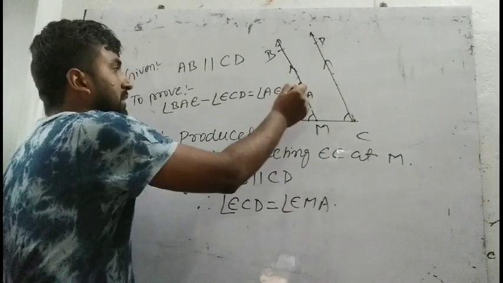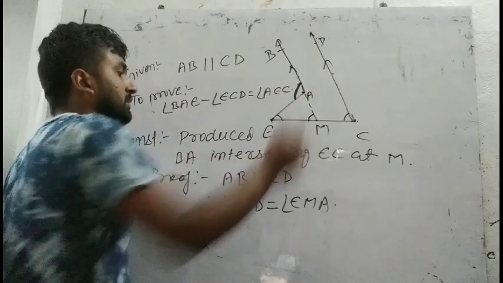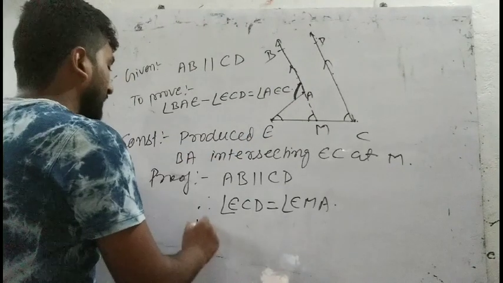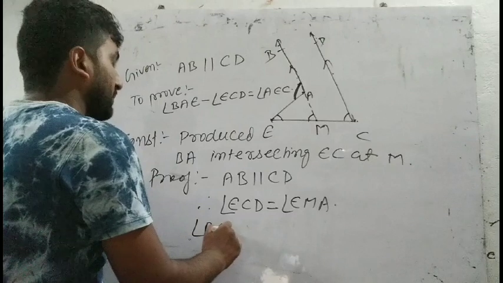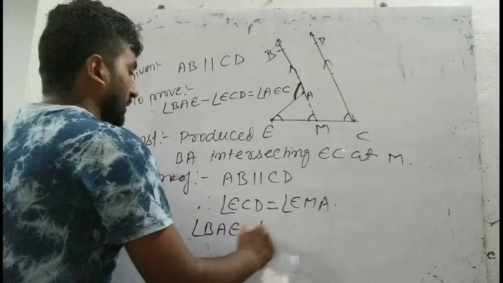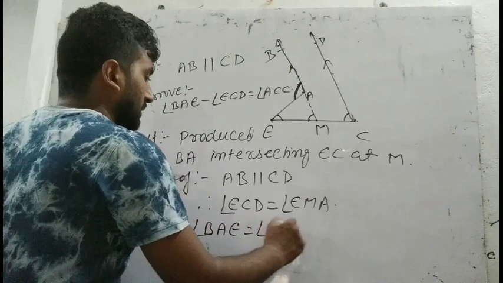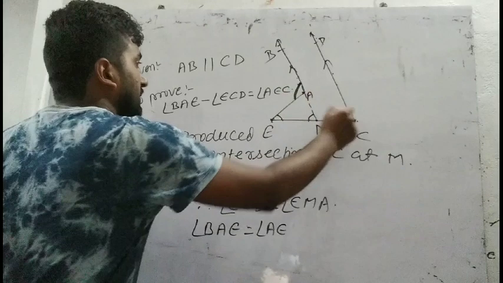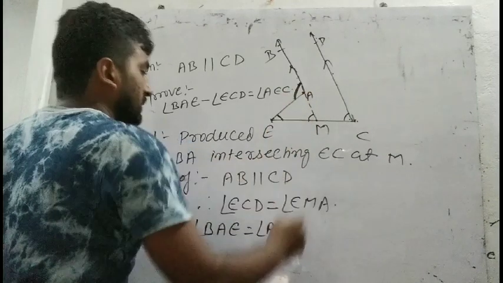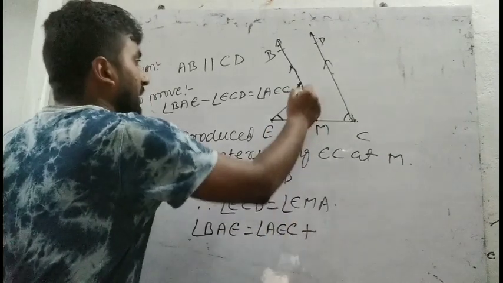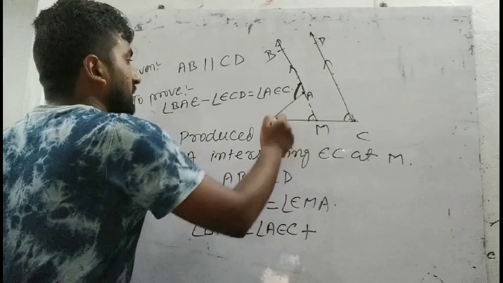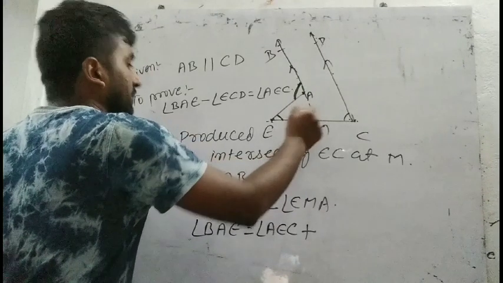It means this angle is equal to the sum of this and this. So we can write angle BAE is equal to angle AEC plus angle EMA.